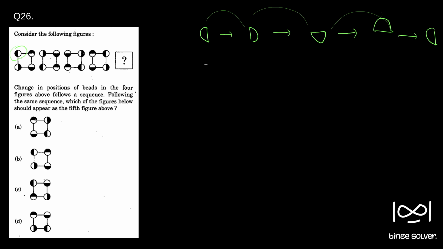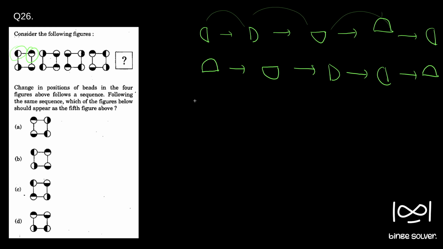And similarly for the second circle, it is this, then this, then this, then this. So the same thing repeats again. The first figure will be exactly repeated in the fifth case.